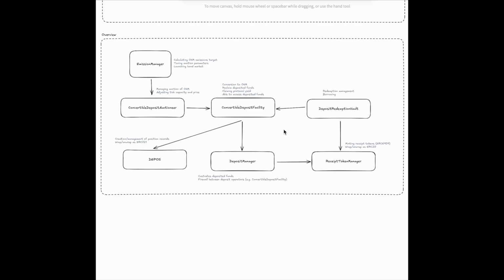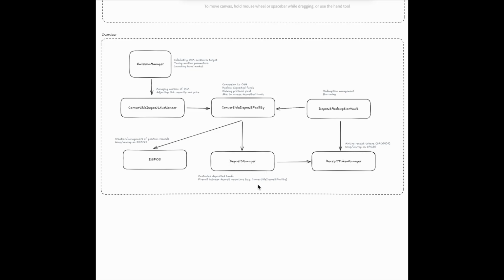In terms of how this all works together, what we do is we have a couple of fundamental contracts. So there's DPoS, it's a module that is actually in control of the positions. And there is some firewalling there. No policy can come across and mess with the positions that have been created. I'd say the most important one is the deposit manager here.